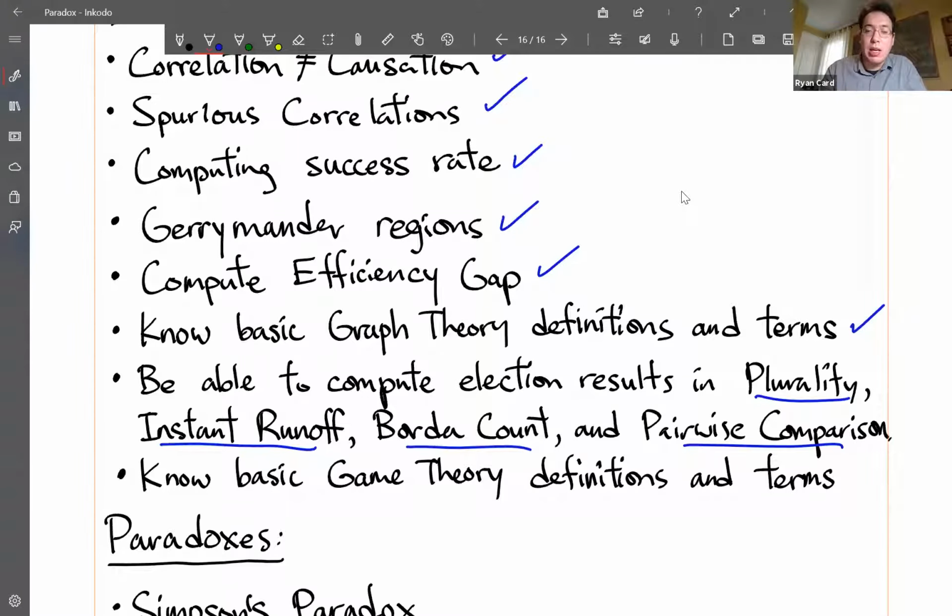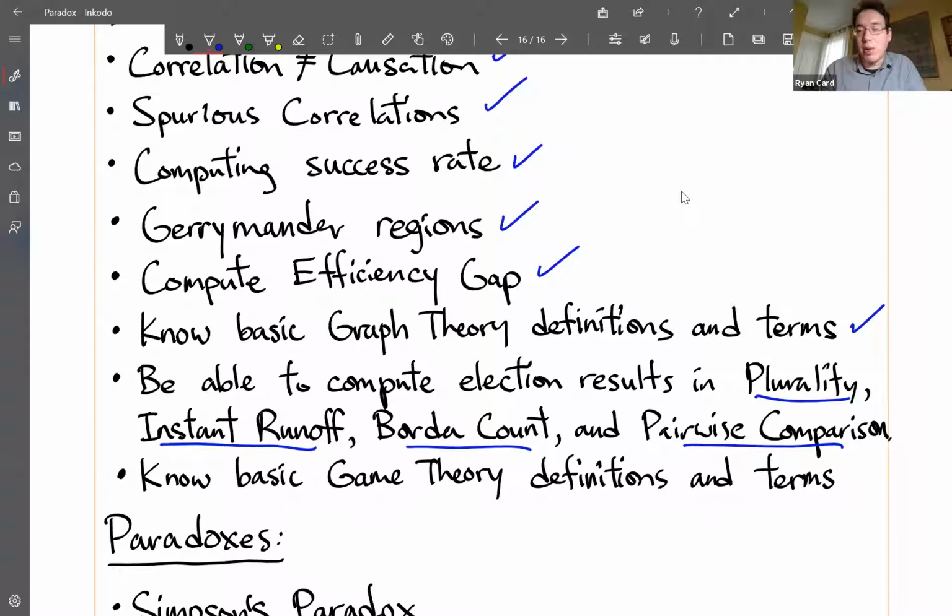Each of them cares about different aspects, right? Plurality cares about who's the most popular number 1 candidate. The instant runoff cares about who is the least disliked candidate. Borda count cares about the balance of different people's preferences, giving different points to different places that each voter gave.